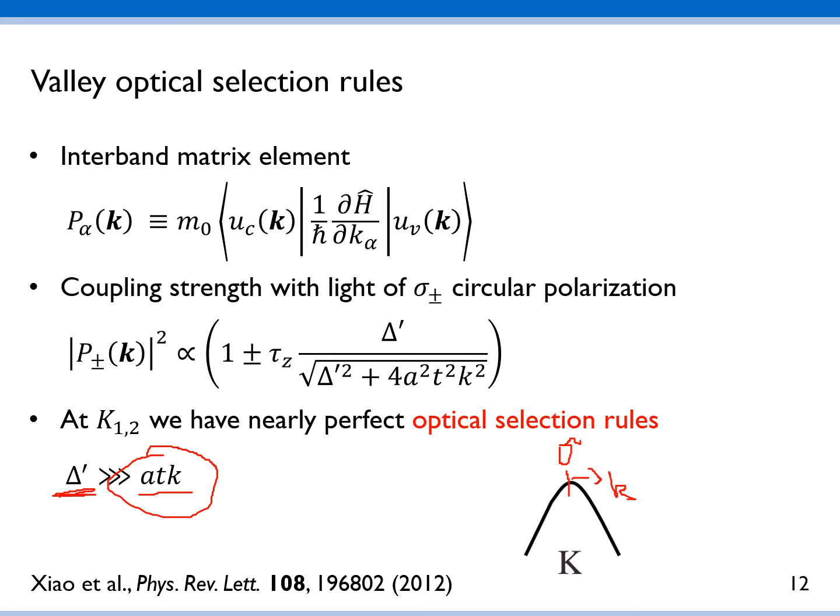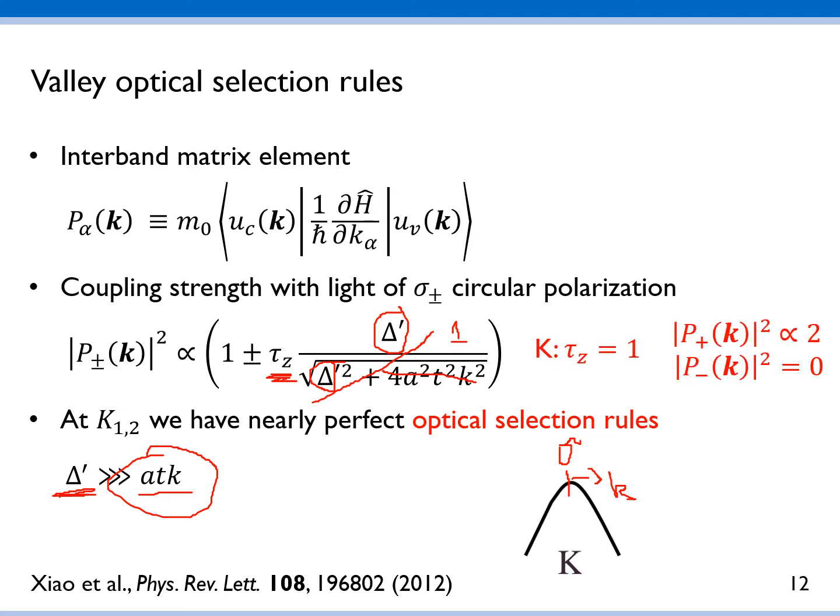Now, if we look back to our coupling strength equation, we can then say that this part becomes negligible, and basically this whole term reduces to 1 because we are dividing the band gap by the band gap, okay? And now we're just left with the valley index here.